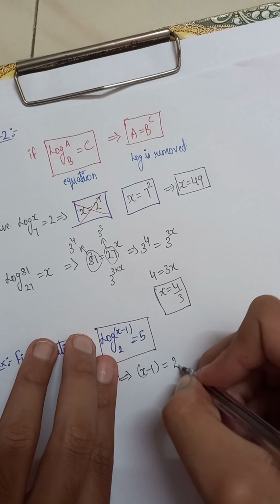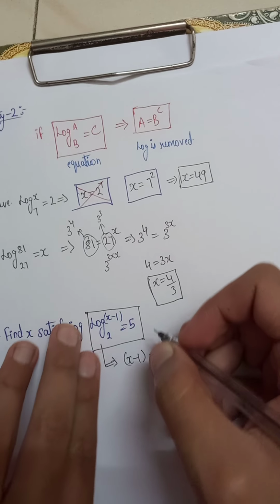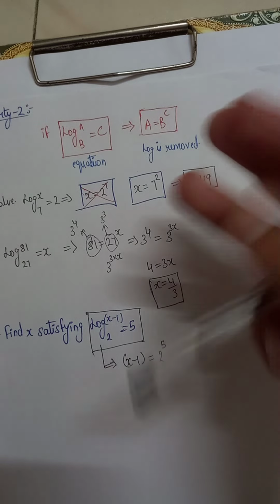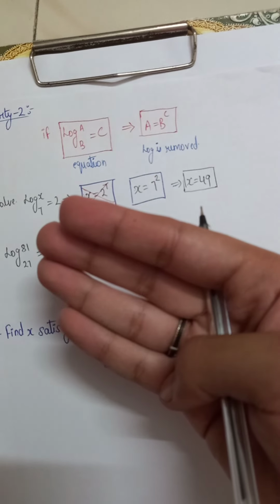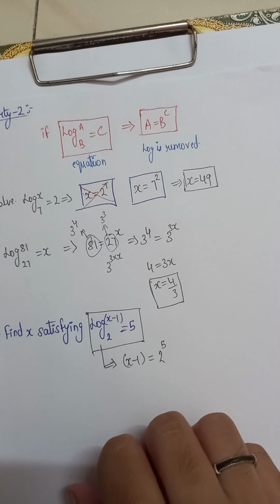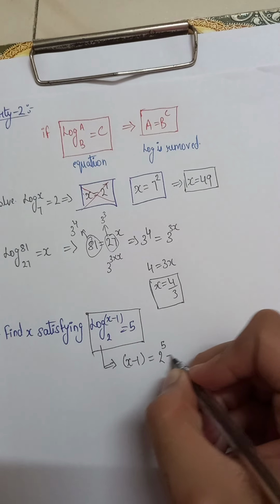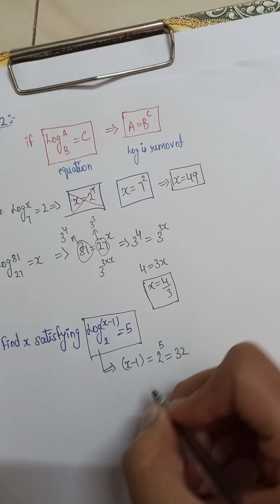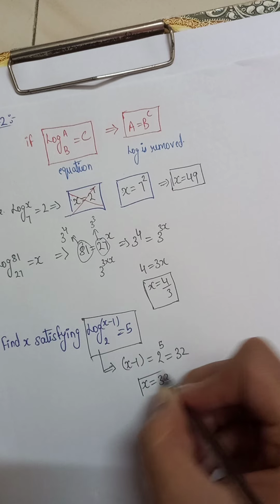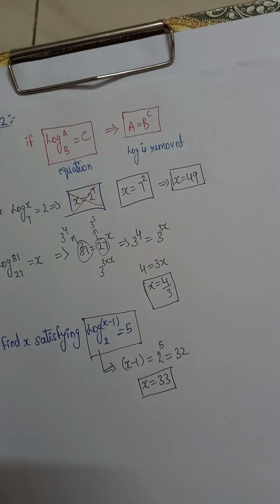So 2 to the power 5. If you multiply 5 times, 2 2s are 4, 4 2s are 8, 8 2s are 16, 16 2s are 32. So you will get 32. So x minus 1 is equal to 32, therefore x is equal to 33. This is the answer.